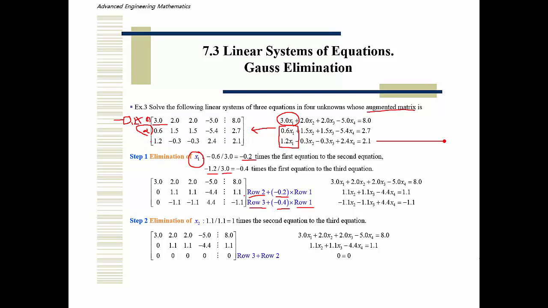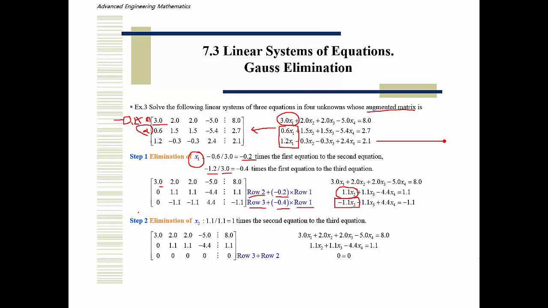This gives the following augmented matrix, in which the pivot of the next step is circled. Here can be the next pivot, and here can be the next variable to be eliminated.